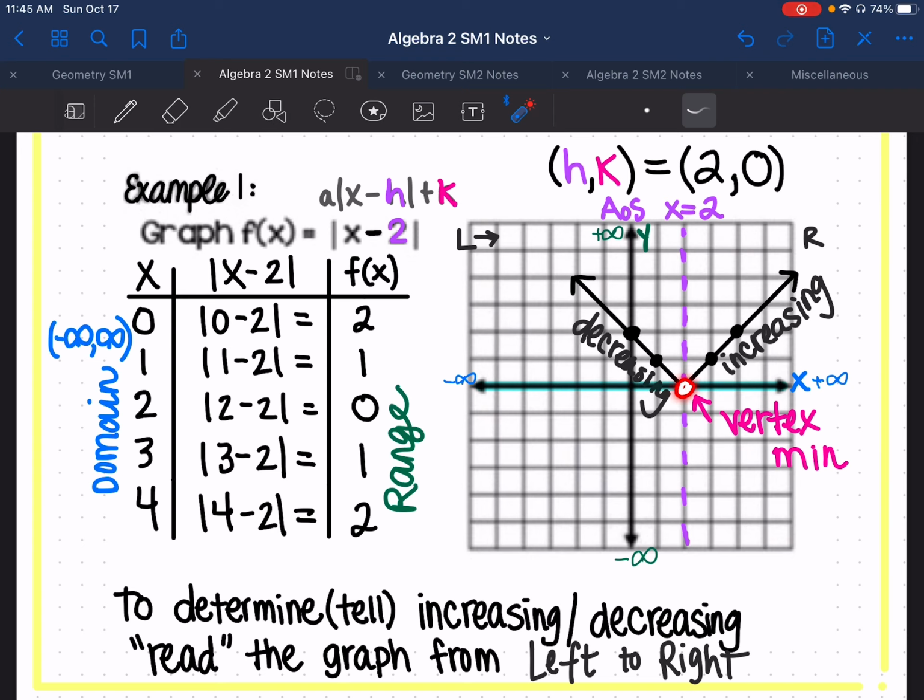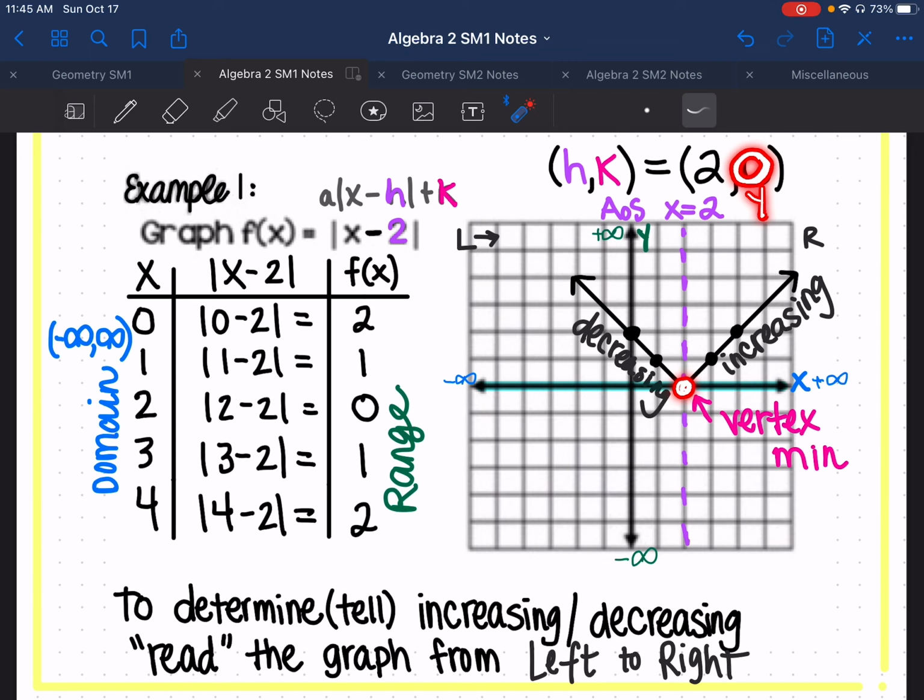So find your vertex, look at its ordered pair. Which one is the y value? This one right here. So the range has to contain that number. It has to contain the y value of your vertex, okay? And then you're going to simply ask yourself, look at the arrows.